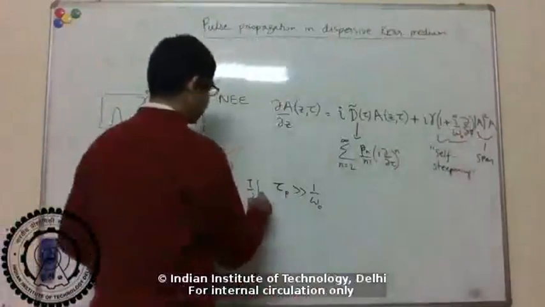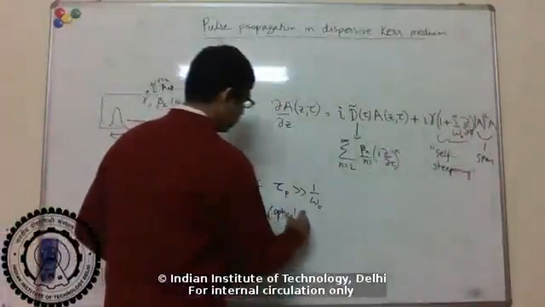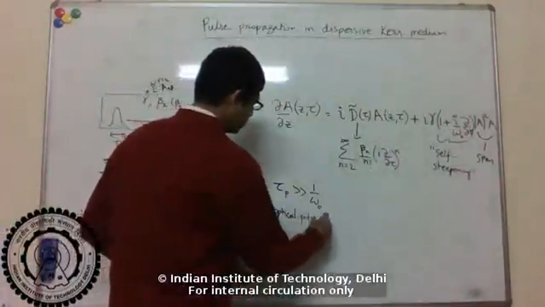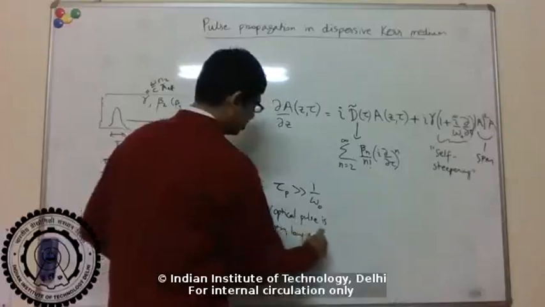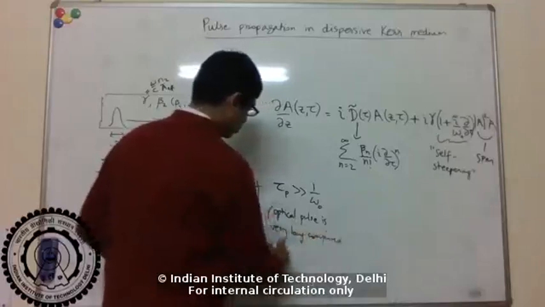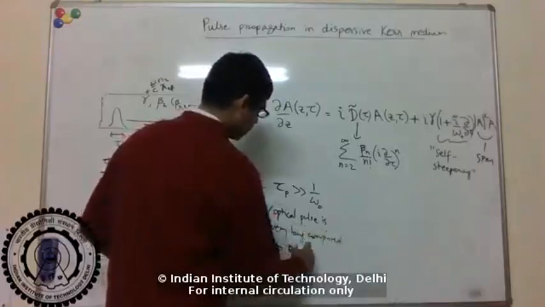So if this is the case, basically the optical pulse is very long compared to the optical cycle.